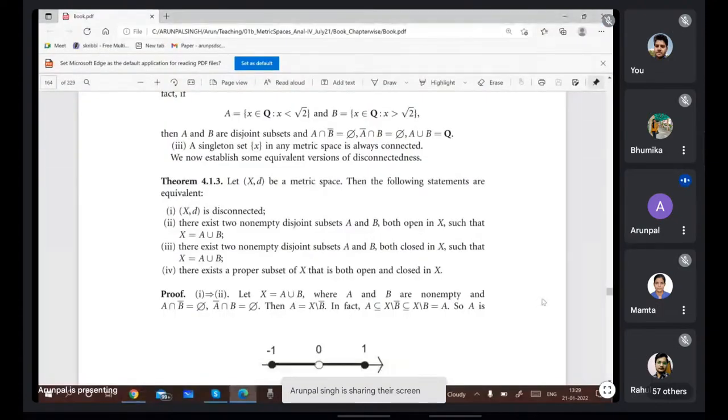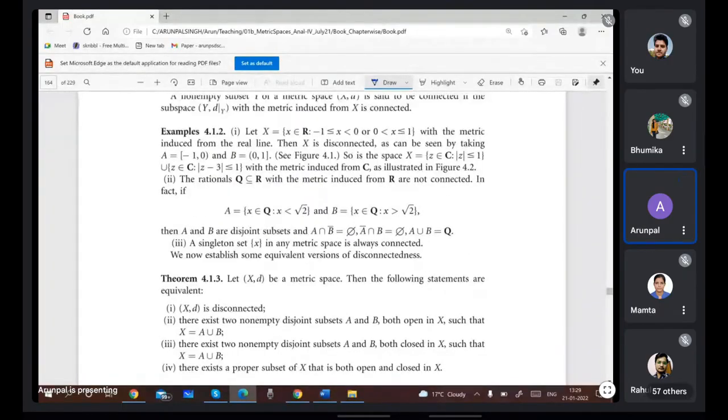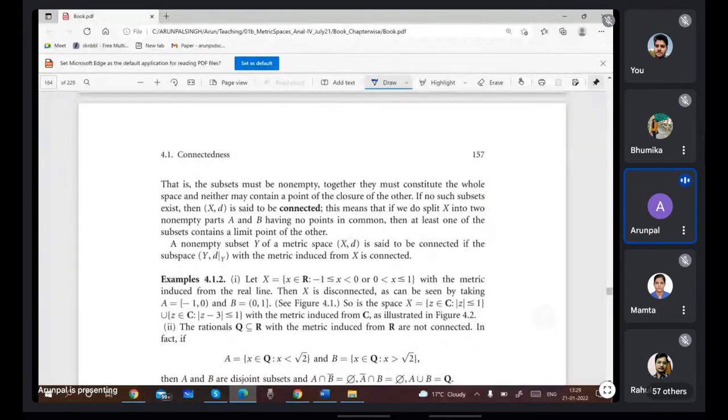Class, can you see the screen now? Yes, sir. Class, this is page number 157 from Shirali Vasudeva. This is the book which we consult for metric spaces at the undergraduate level in DU. Mamta, you are from DU, right?